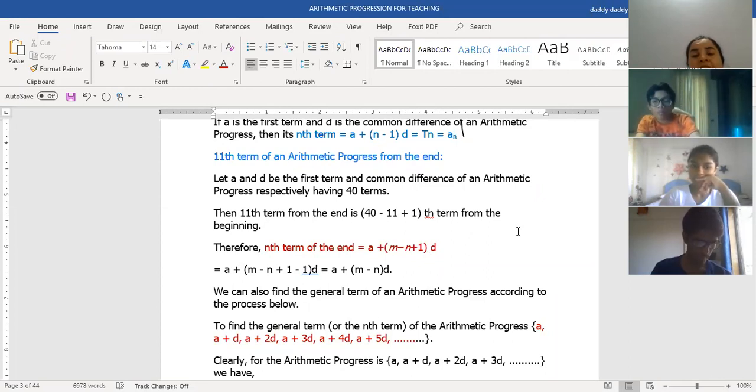So 30th term is basically the 11th term from the end. If you count from the forward side, that is the normal side, whatever number is sitting on the 30th position will be the 11th term from the end.